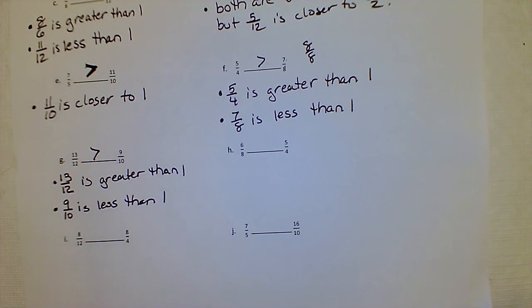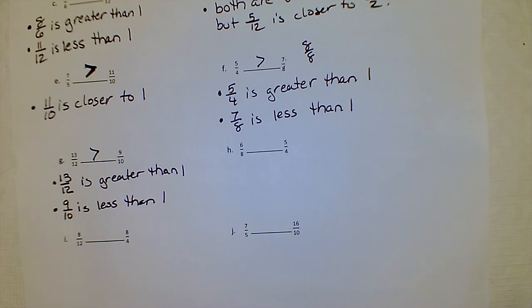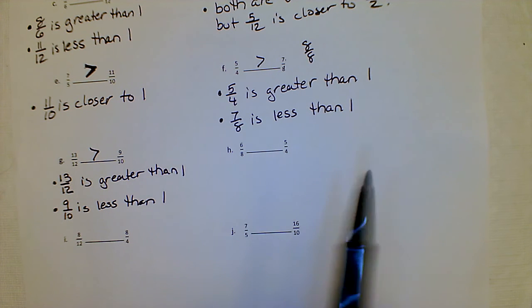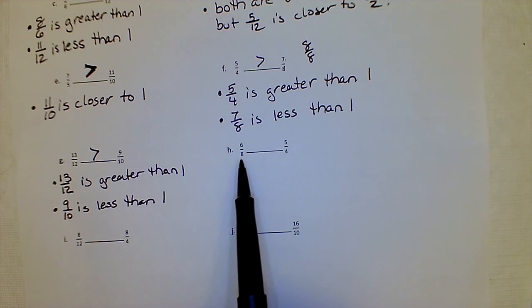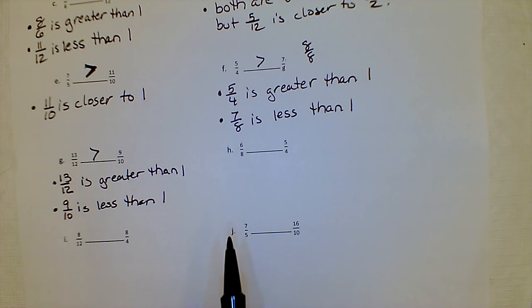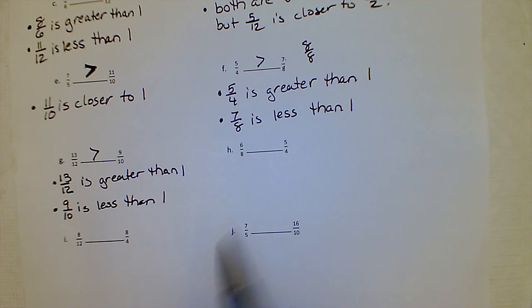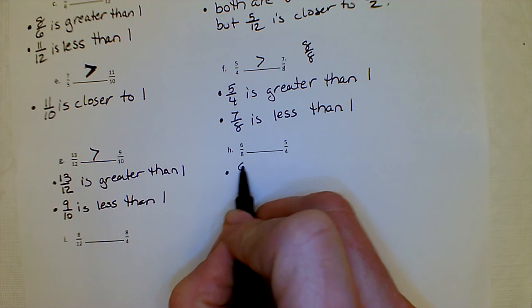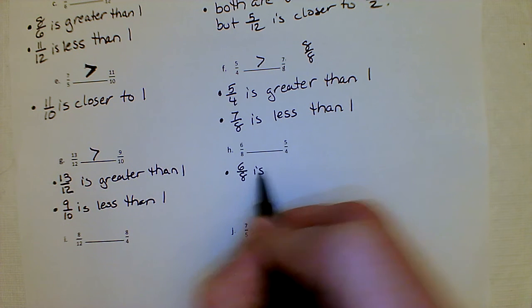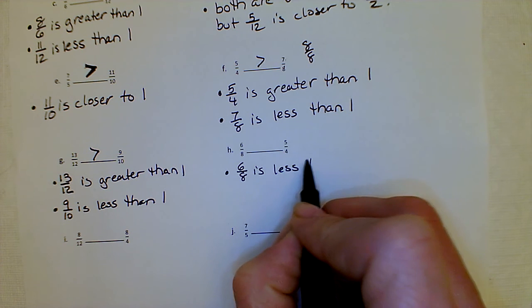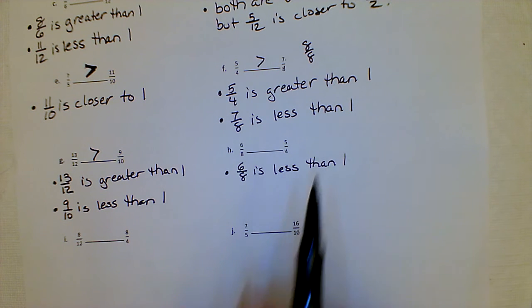All right, let's see if we have any nice... We have another one of those. How easy is that? H. Here we go, guys. I bet you know this. What is that one? It's 6/8. Is the numerator bigger or less than the denominator? 6 is definitely smaller than 8, so this is going to be less than 1. So 6/8 is less than 1.